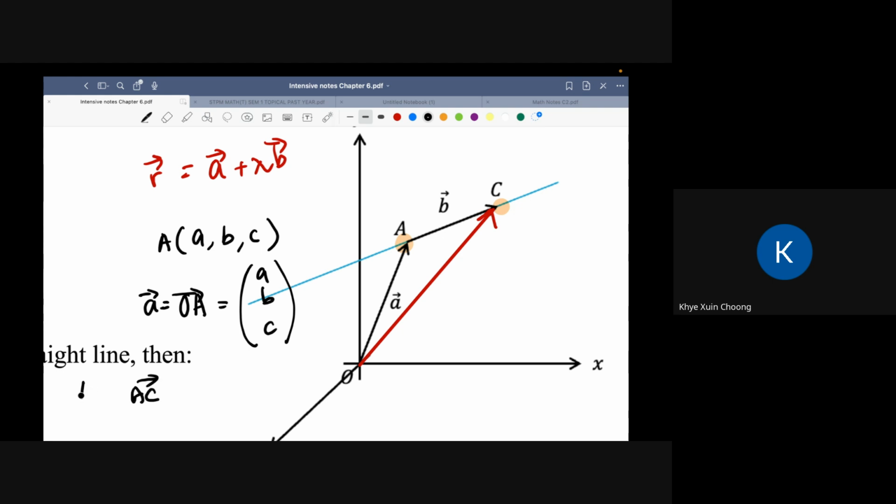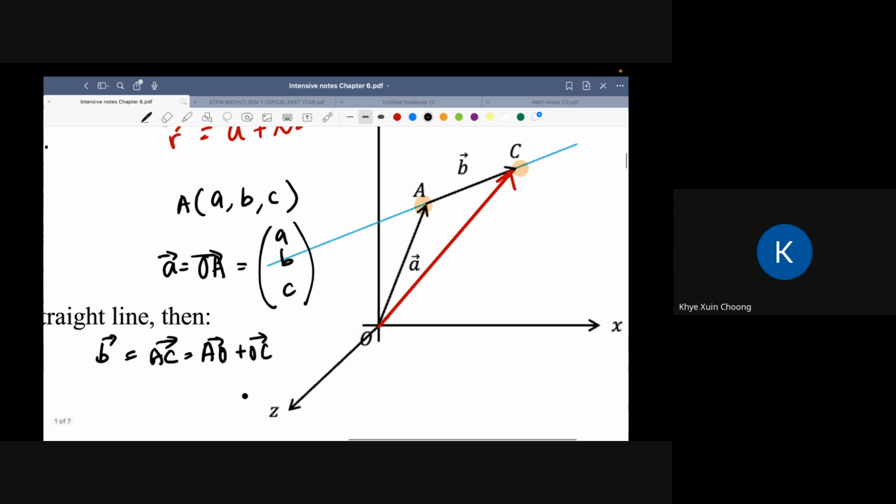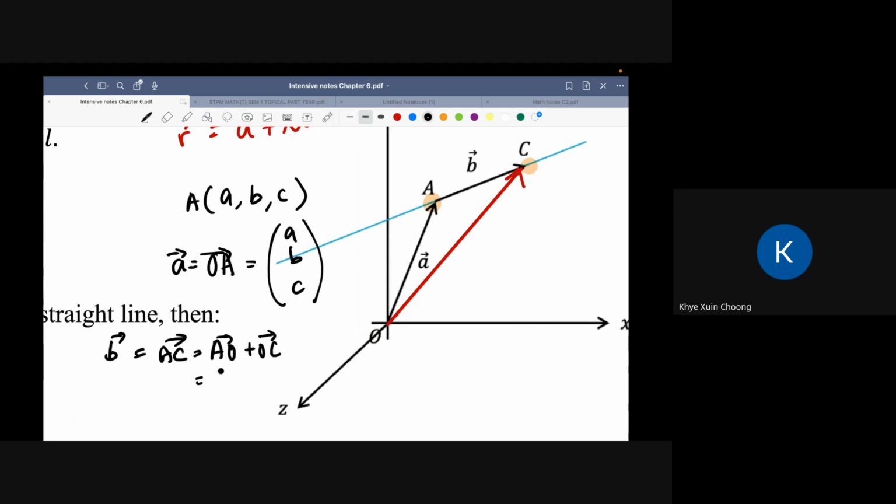Your B should equal AC, which equals A to O plus O to C. A to O is actually equivalent to negative OA. So negative OA plus OC, the position vector, gives you your direction vector B.